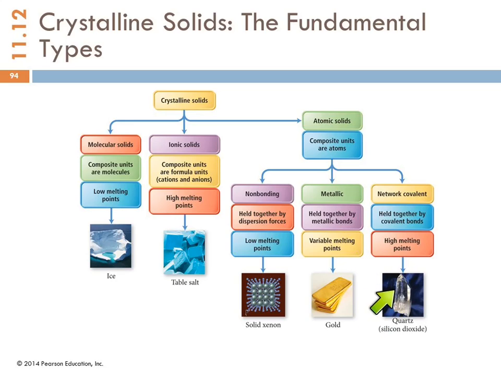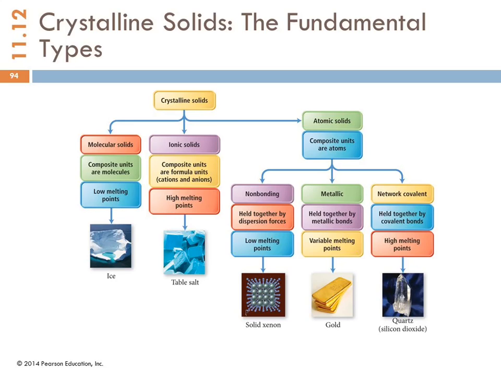Quartz is an interesting substance, silicon dioxide, and you may say, but that's a compound, isn't it? But the individual atoms in here are not in discrete molecules. There are silicon atoms and oxygen atoms. The ratio is 1 silicon to 2 oxygens, but they are actually covalently bonded together all throughout the solid.